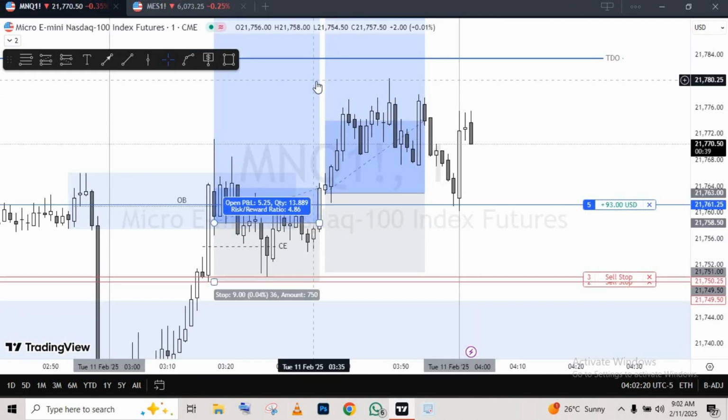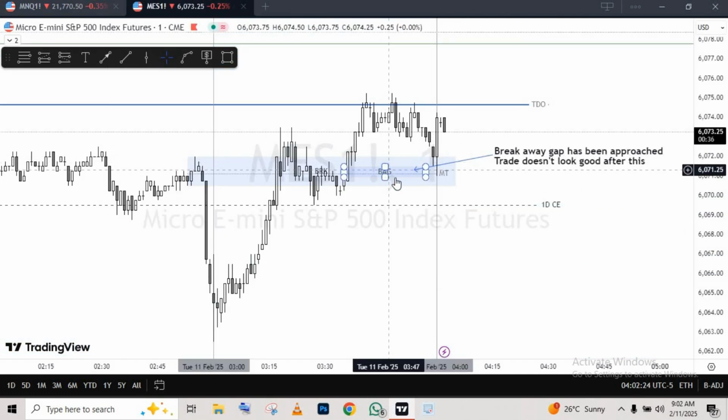So we have a breakaway gap on ES being approached here.